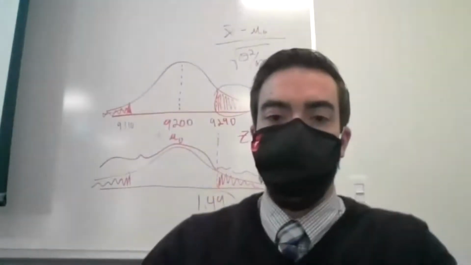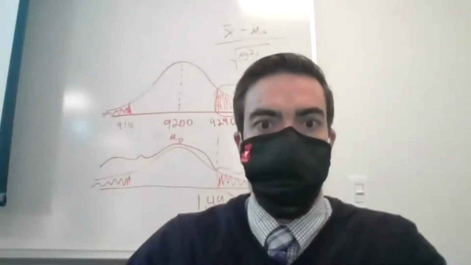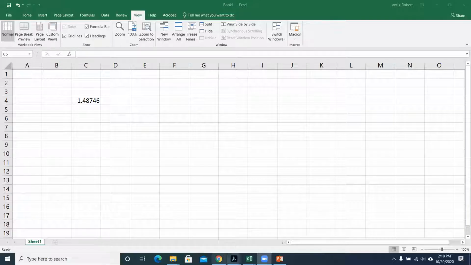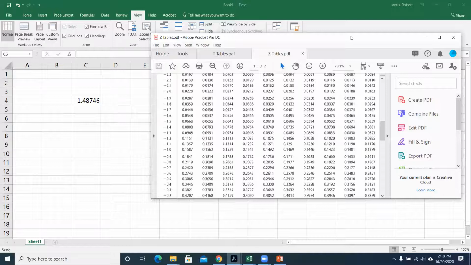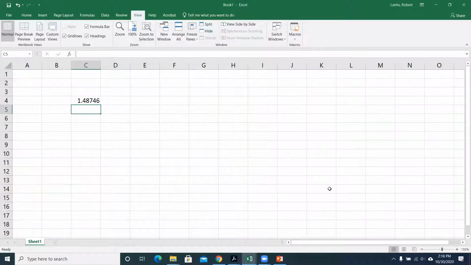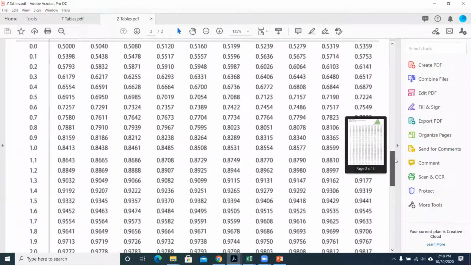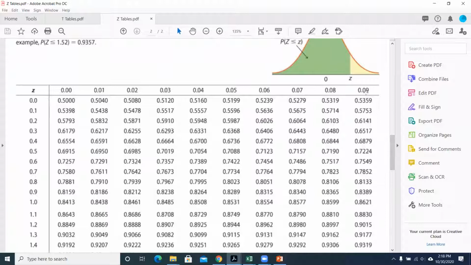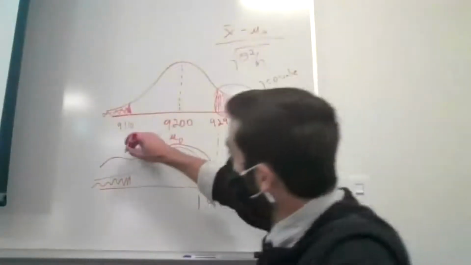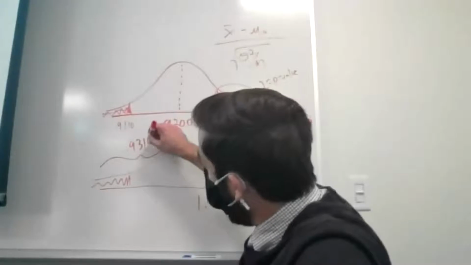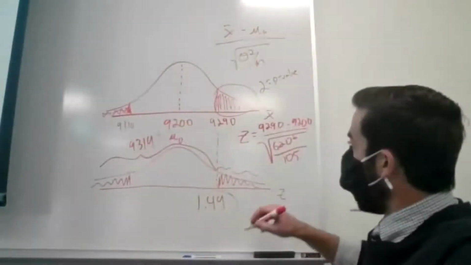So I go to my table, I look up 1.49. So the second decimal, 0.9 is the last column, 1.49, 0.9319. So 0.9319 is the area to the left there.